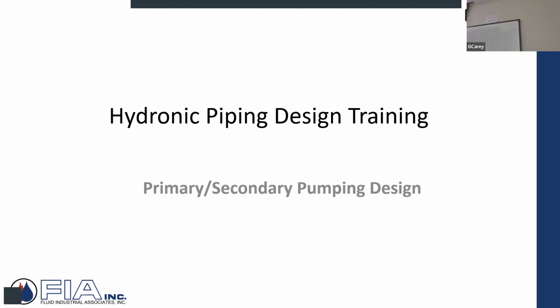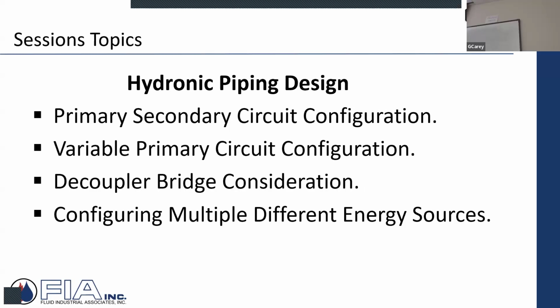It has to do with the subject of primary, secondary pumping. Just a couple of bullet points, a little bit about primary, secondary circuit configuration. There's another concept called variable primary, which we'll just touch base on so you're aware of it. Some of the terms you might hear are closely spaced tees, a common pipe, a decoupler.